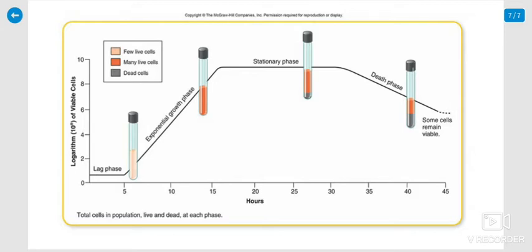So these are the basics, and the phases are easily identified. The bacterial growth curve is understandable and easily measurable for future reference.